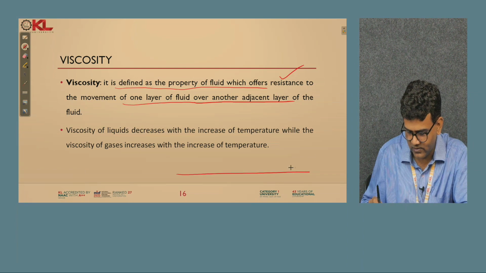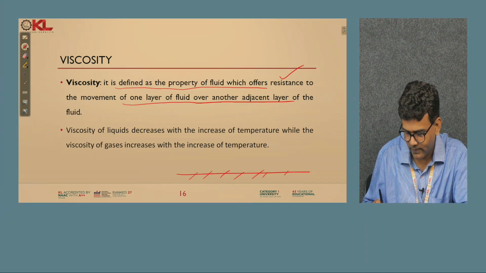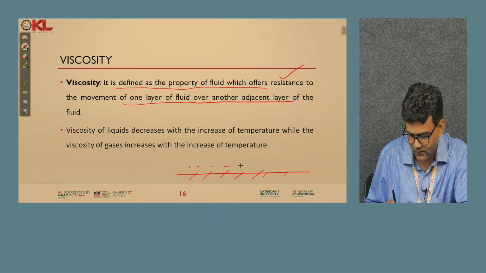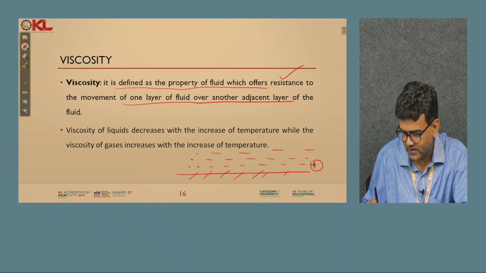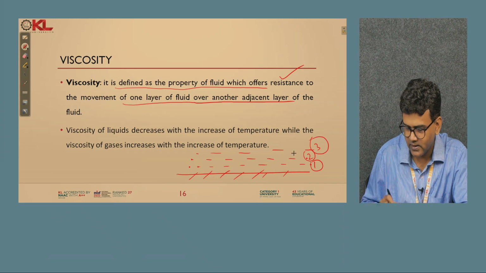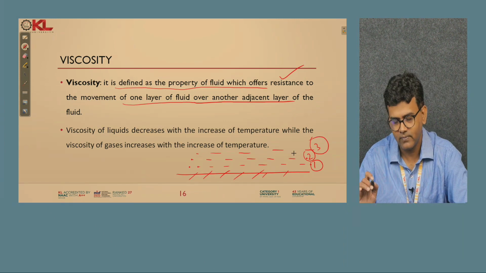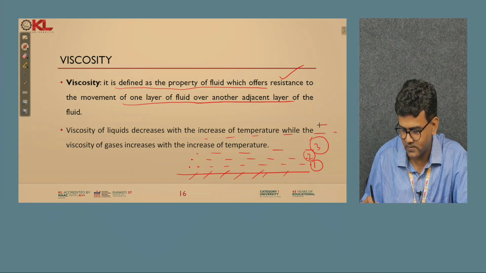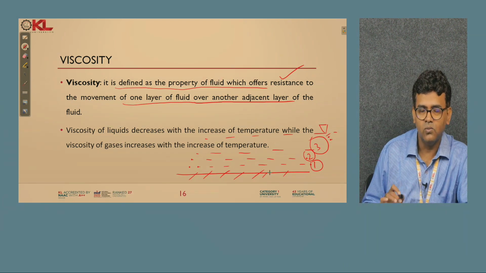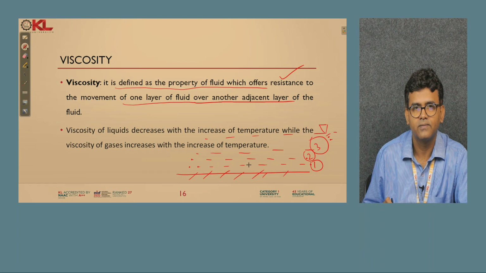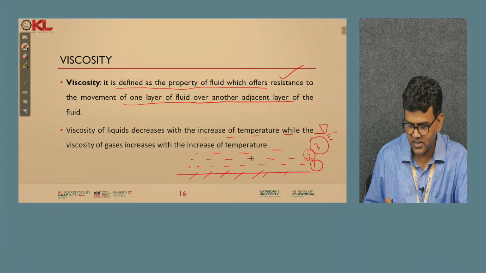Suppose this is the bottom, then this is the first layer, the second layer, the third layer, different layers of fluid are there, and this is the top surface, with different layers in between. The movement of one layer offers resistance to the next layer, and this layer offers resistance to the next layer.